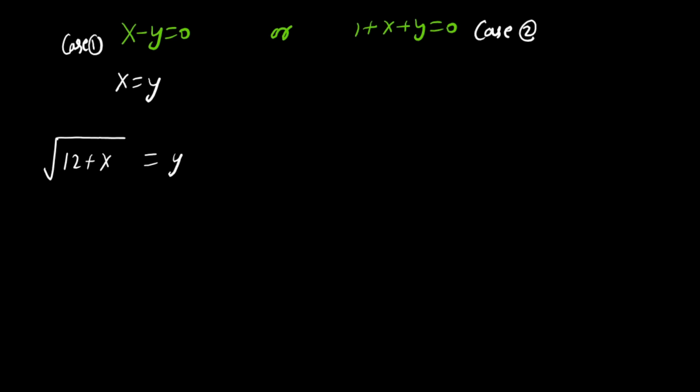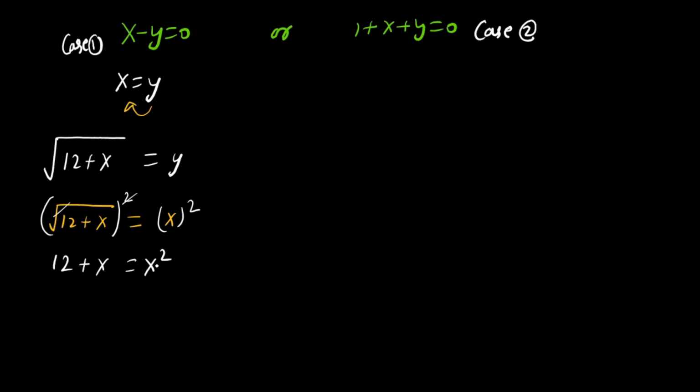Now y and x are both equal, so on the left-hand side 12 + x, with y replaced by x, and if we square both sides, the square root is cancelled out by the square, then 12 + x = x².